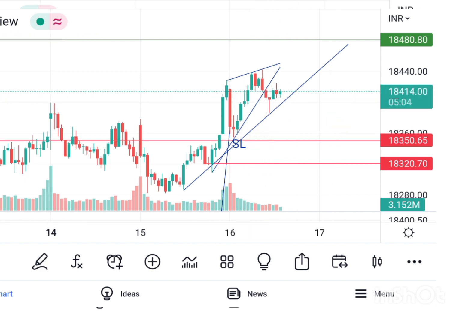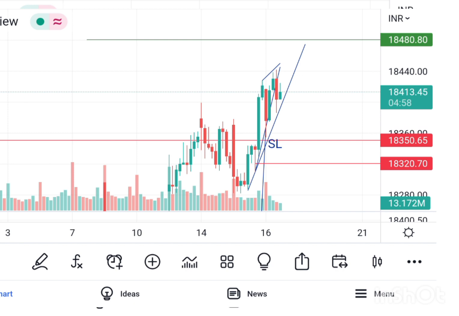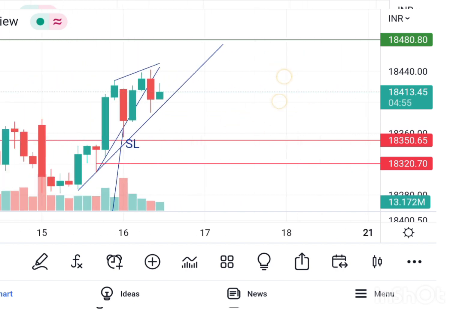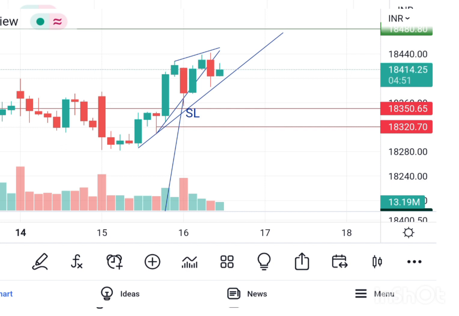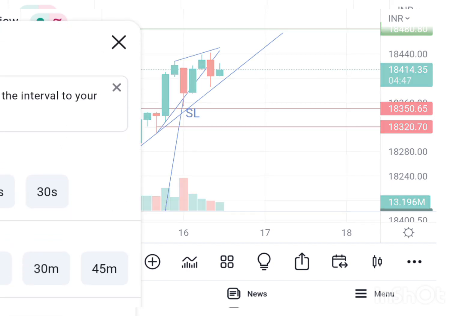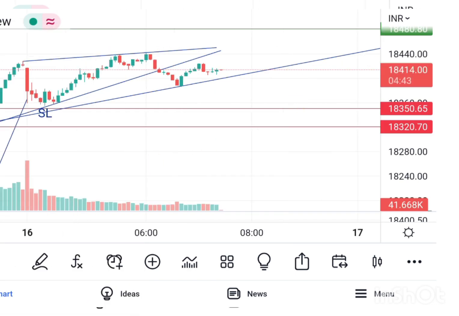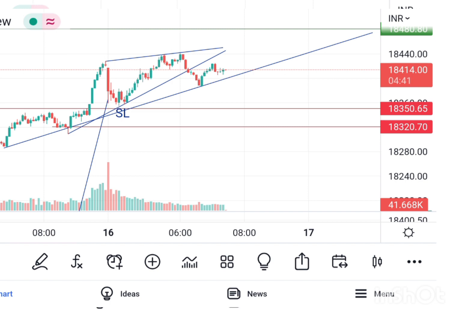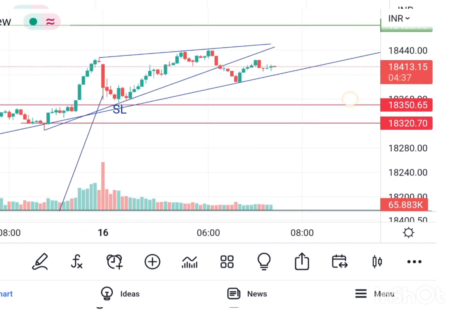So at around 400, the market is indecisive because of the option chain. Market is confused. It should go up from 400 or it should go down from 400. That is the reason I stick with the trade.